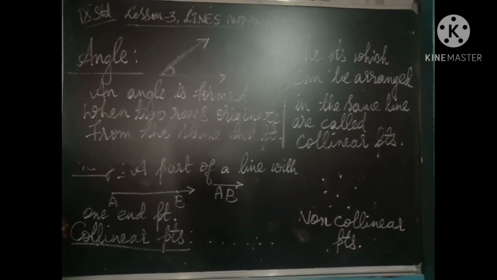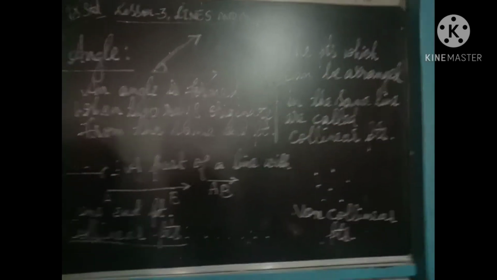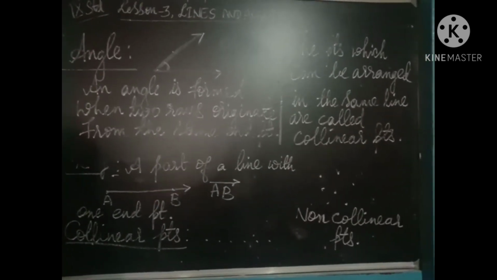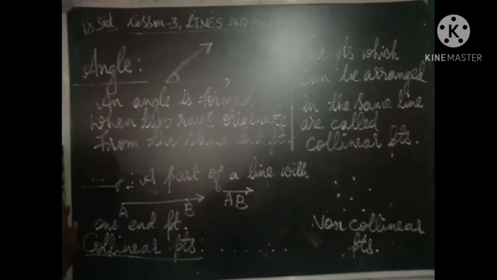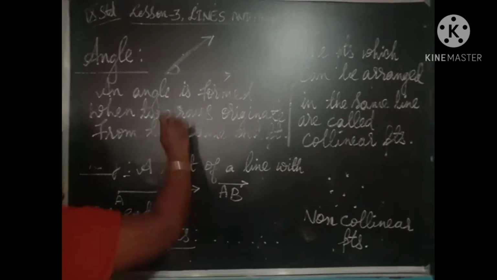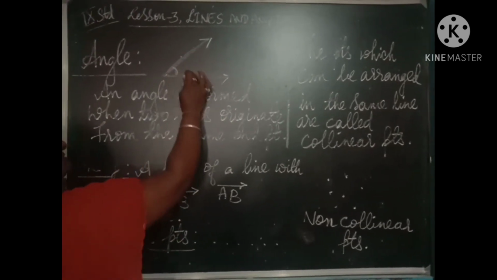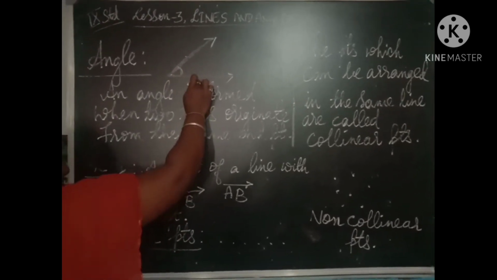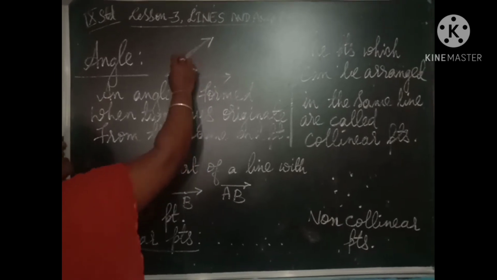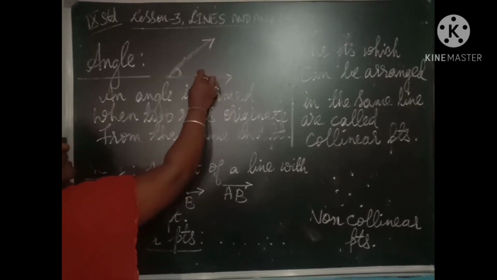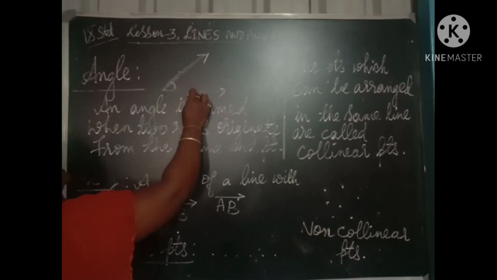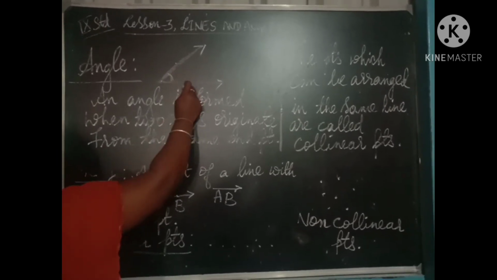Now let us see the next one. The rays making an angle are called the arms. These two are rays. When we draw an angle, it is formed by two rays, and these rays are called arms.